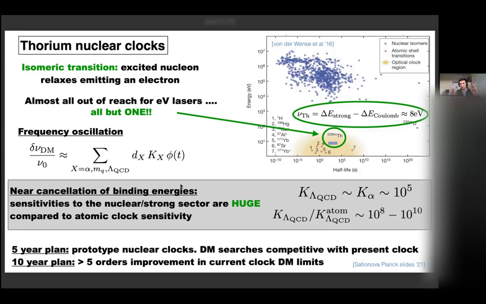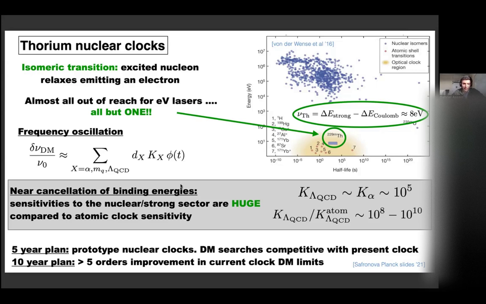Okay, and based on various things I've seen in the literature, there's at least slides I've seen for different presentations for thorium clock presentations. In 2021, the 5-year plan was there was going to be prototype nuclear clocks, and dark matter searches would be in competition with current atomic and optical clocks.